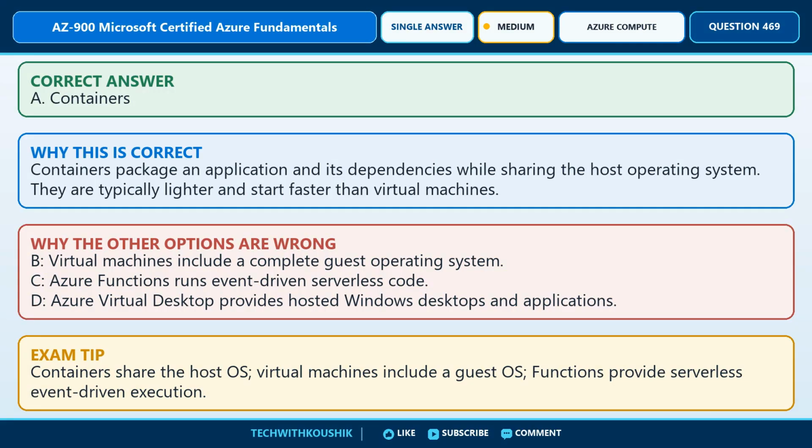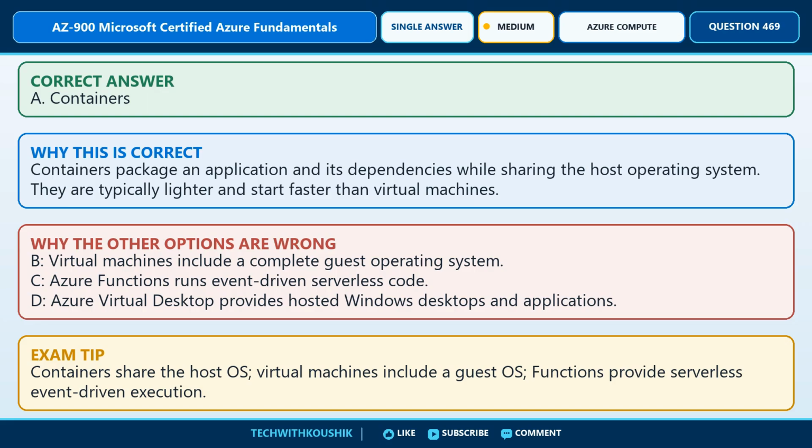In this case, choose option A, Containers. Let's look at the reasoning. Containers package an application and its dependencies while sharing the host operating system. They are typically lighter and start faster than virtual machines. Here's why the alternatives are not suitable.